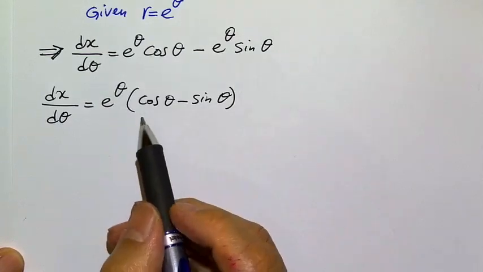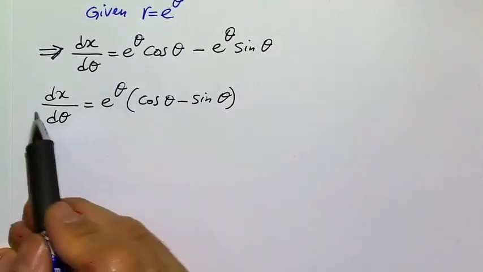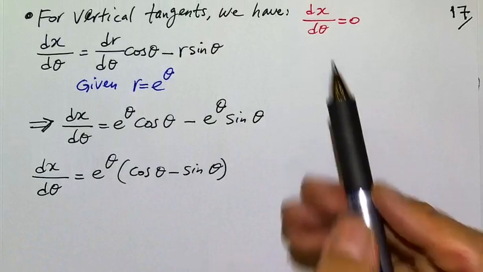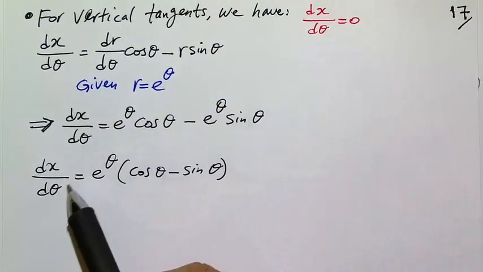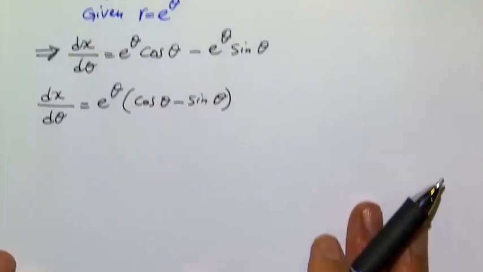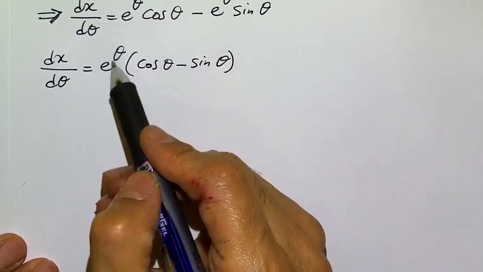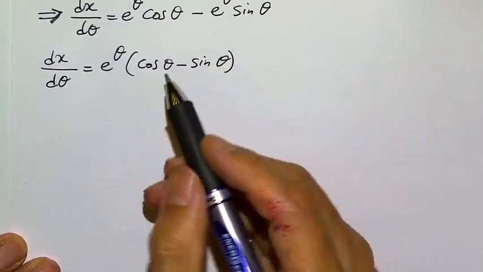Just like before, we're looking for when this expression is equal to 0. And just like before, we know that e to the theta will never be 0.